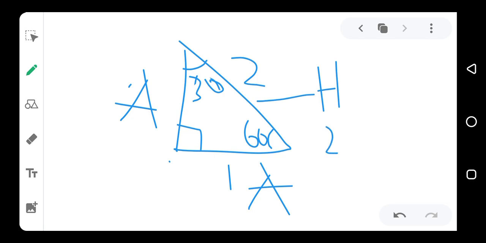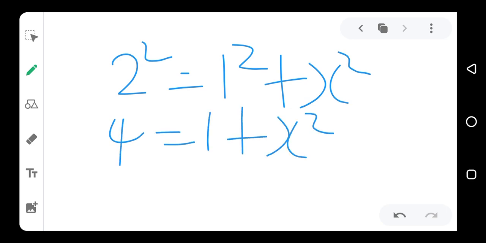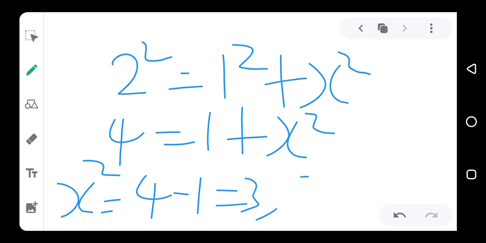That means that 2 squared is equal to 1 squared plus x squared, where we call this place x. 2 squared is 4, which is equal to 1 squared, which is 1, plus x squared, and this means that x squared is equal to 4 minus 1, which is equal to 3, and that means that x is equal to root 3.